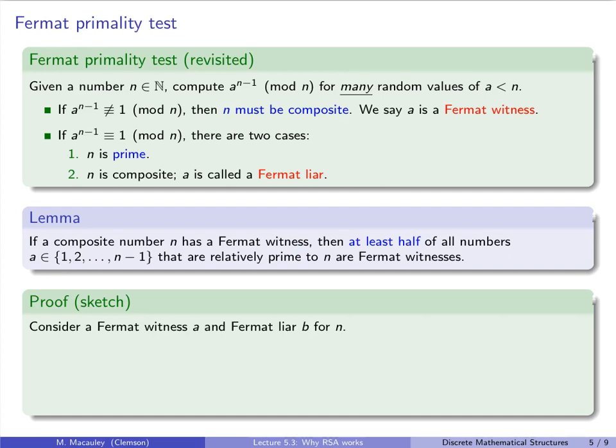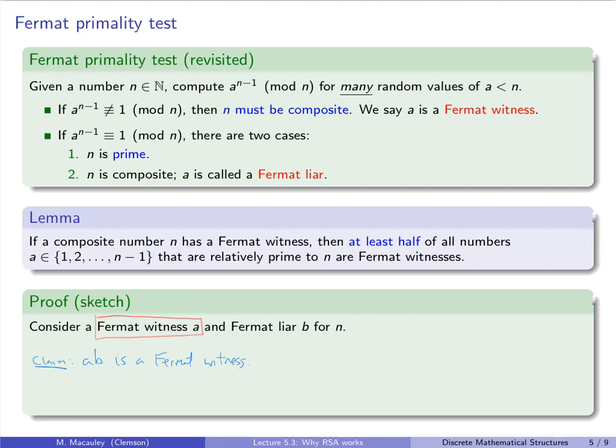At least one of them. So let's just take one of them and call it A. Now let's take a Fermat liar B. First, I claim, let me write this down, that in this case, A times B is a Fermat witness.